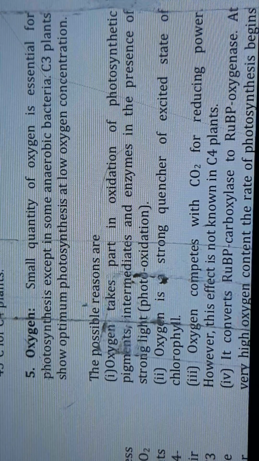Oxygen takes part in oxidation of photosynthetic pigments, intermediates of enzymes, and enzymes in the presence of strong light, photooxidation. 2. Oxygen is a strong quencher of excited state of chlorophyll. 3. Oxygen competes with carbon dioxide. However, this effect is not known in C4 plants.